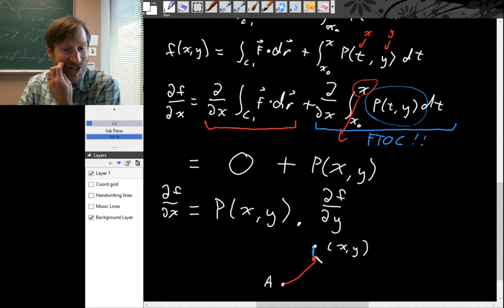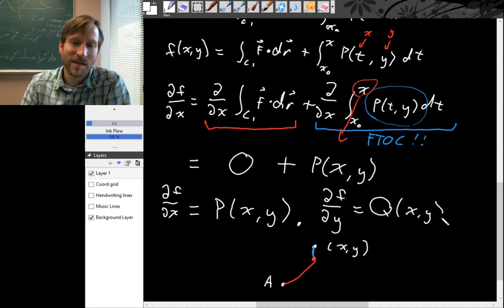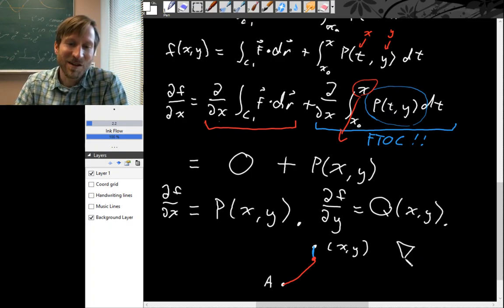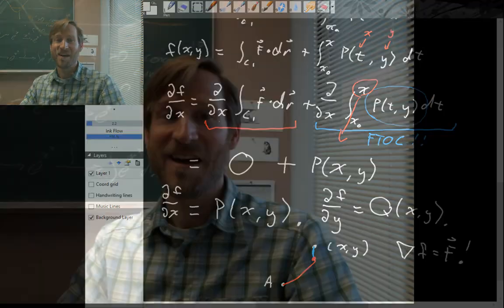Since y is changing on this blue segment, using this you can calculate the partial derivative of f with respect to y, and when you do that, you get q of x comma y. And this means that the gradient of f is capital F. And that means F is conservative, and so we're done.